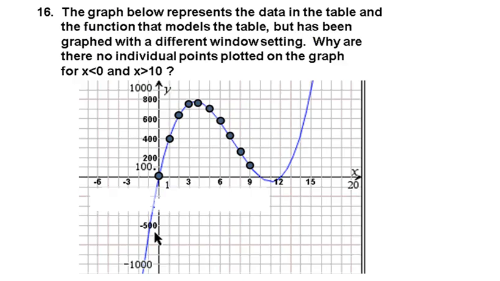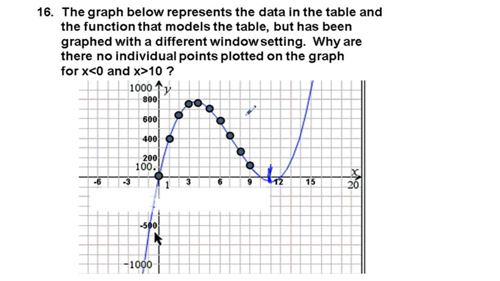Okay, number 16. The graph below represents the data in the table and the function that models the data, but has been graphed with a different window setting. Why are there no individual points plotted on the graph for x less than 0 and x greater than 10?